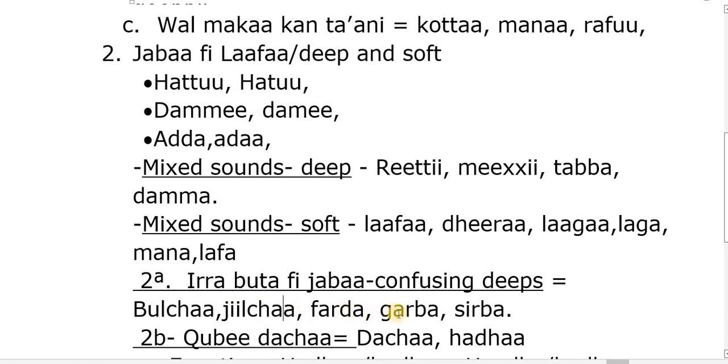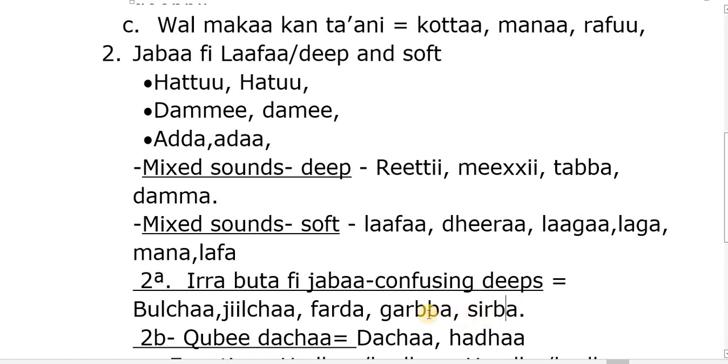Farda, garba, sirba. But the rule of rabuta says, even though we have strong sounds, deep sounds, we don't double any sound that is followed by rabuta, like this. That's completely wrong.